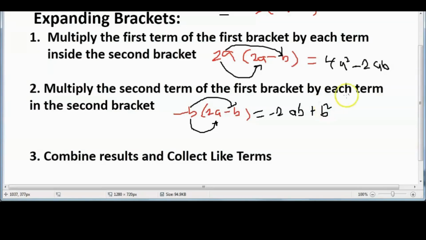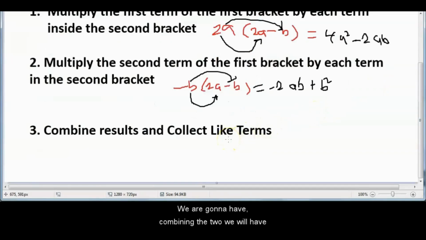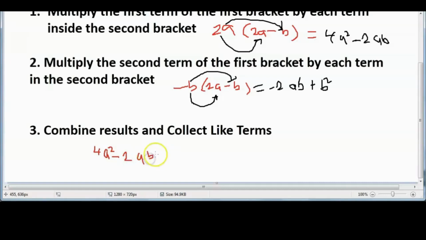Combining the results, we will have 4a squared − 2ab − 2ab + b squared. But −2ab and −2ab is −4ab.